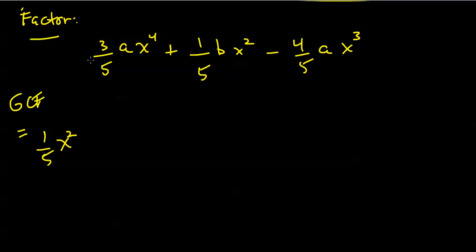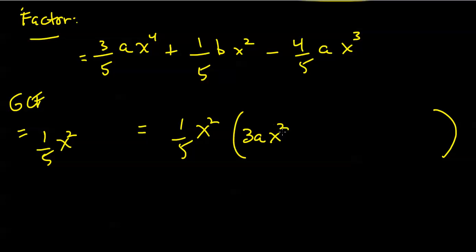So I claim this expression then equals 1/5 x squared, which is going to come out. What stays inside? Well, I'll have 3a x squared in the first slot, plus, if I take out 1/5 x squared from 1/5 b x squared, all that's left is a lonely b.